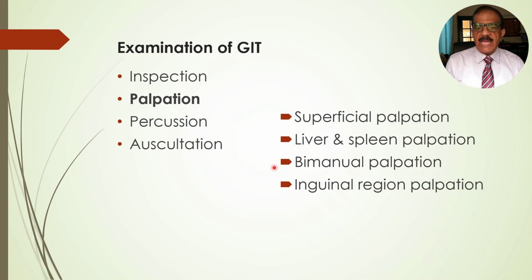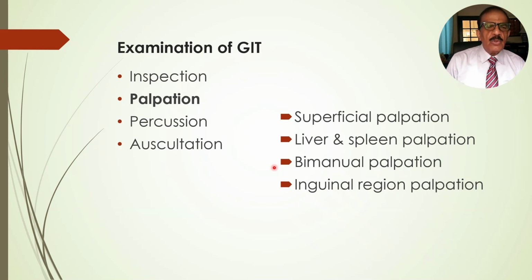Then you come to the inguinal region, you expose this part. Before that, you had just exposed the chest just above the costal margin and just up to the inguinal region. So that part is examined, and when you come to the inguinal region, you expose it further down, and then you see that part, and then you palpate that part.